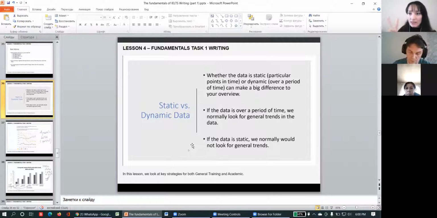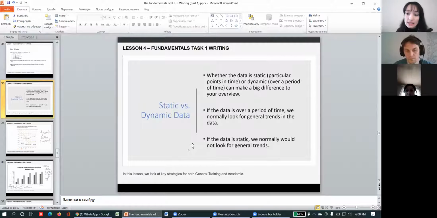So there are 2 points. It's about static, okay? So if the data is over a period of time, let's say from 1966 to 1970, it's a period of time, it's not 2 points, okay? It is dynamic, okay?